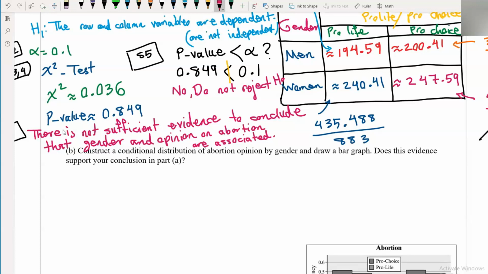So there is not sufficient evidence to conclude that, because we didn't reject.